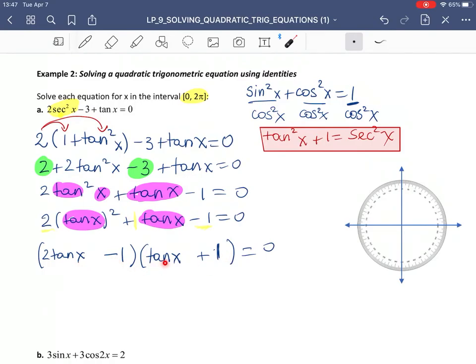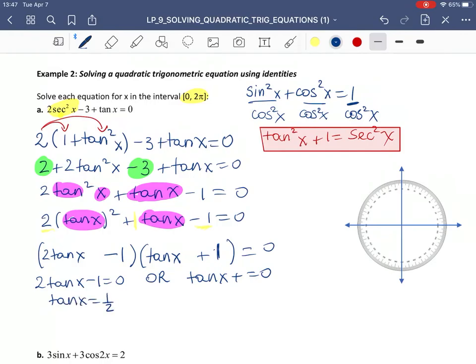Okay, so that's 2 tan x, take away negative tan x. Minus tan x. So we're going to solve each equation. So 2 tan x minus 1 equals 0, or tan x plus 1 equals 0.